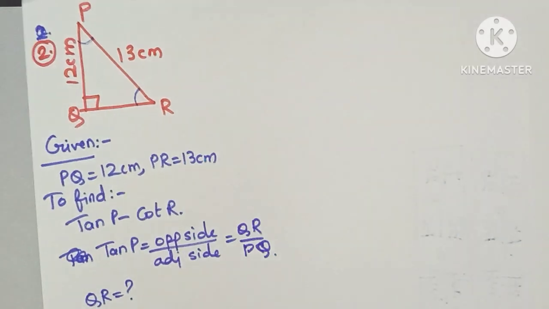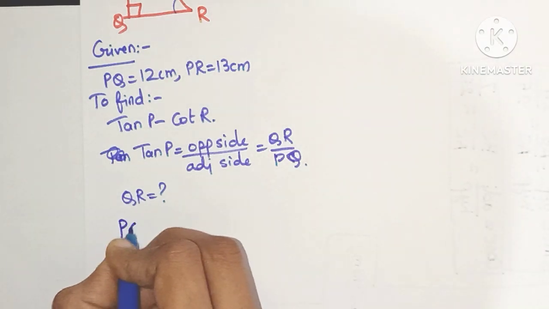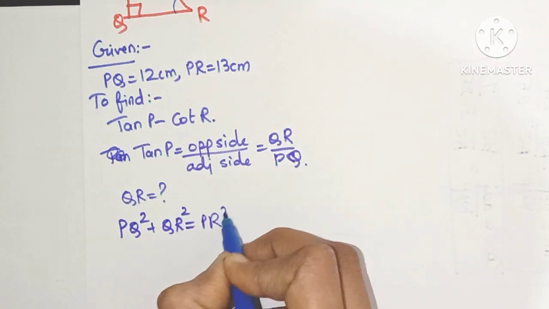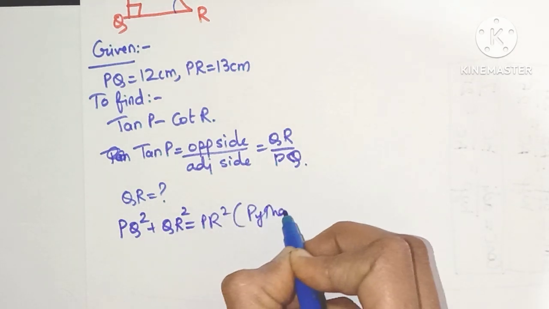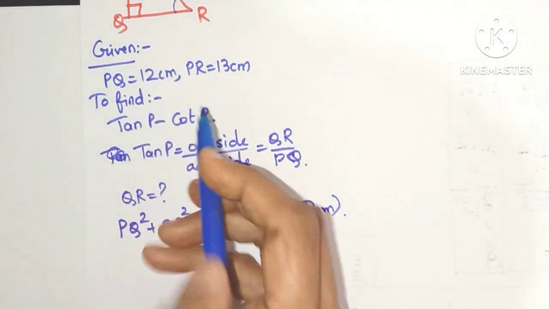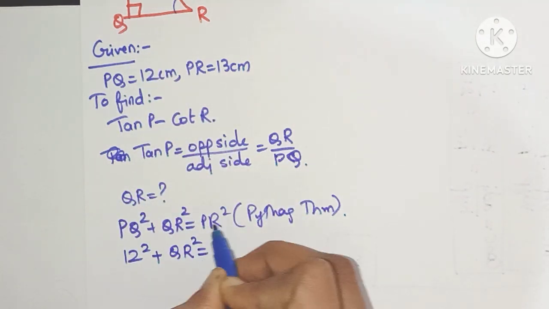And can you tell me? I'm sure you must know by now. It is, yes, Pythagoras theorem we are going to use. So PQ square plus QR square is going to be PR square. Again, write the reason as Pythagoras theorem. Okay, now PQ square, what is it? 12 square. QR square, we don't know, we have to find out.